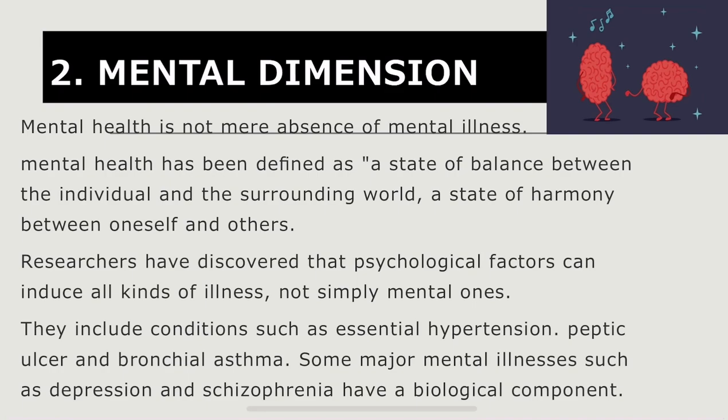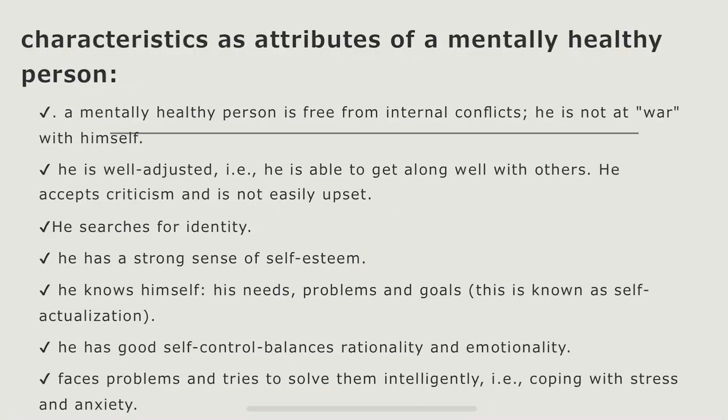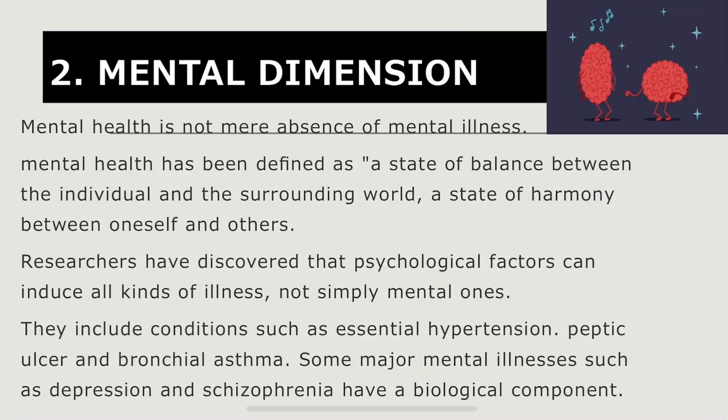Mental health is not the mere absence of mental disease. Just because I'm not mentally challenged, it doesn't mean that I'm mentally healthy. It means that you should have certain characteristics which you have to fulfill to be called mentally healthy. Now let us see what they say. Mental health has been defined as a state of balance between the individual and the surrounding world.